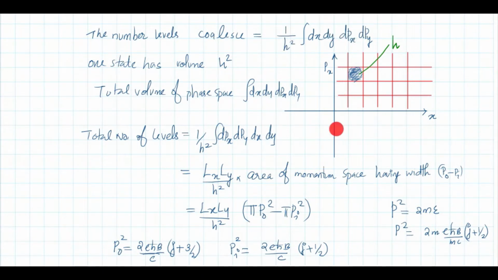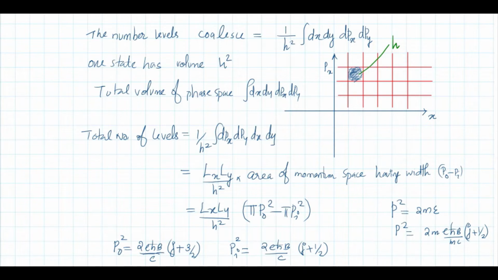We have the idea of phase space. For a system of 1 degree of freedom, phase space will be two-dimensional, and it is a space spanned by coordinate and momentum. So if you consider this phase space, you have along the horizontal axis the coordinate x, along the vertical axis momentum px.